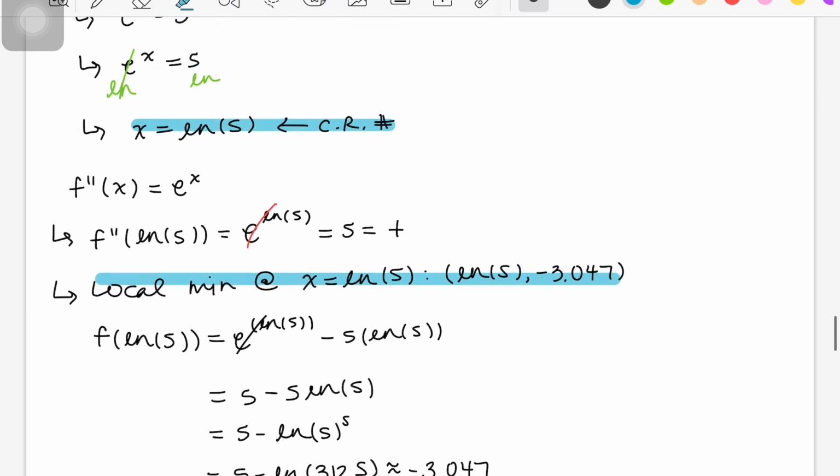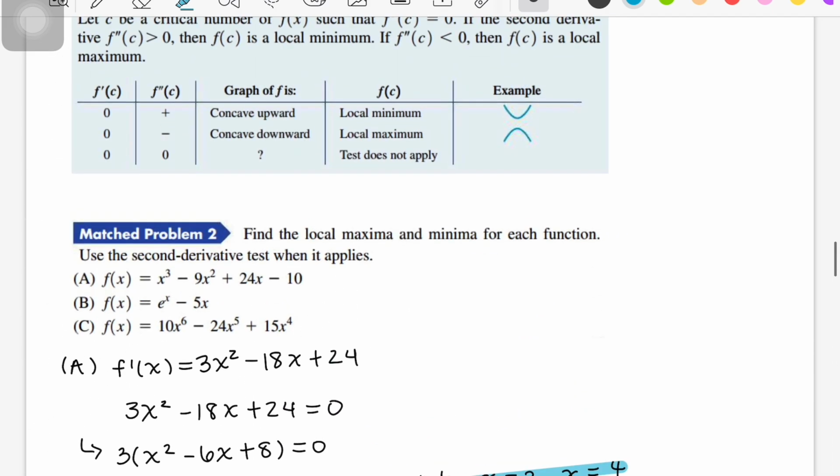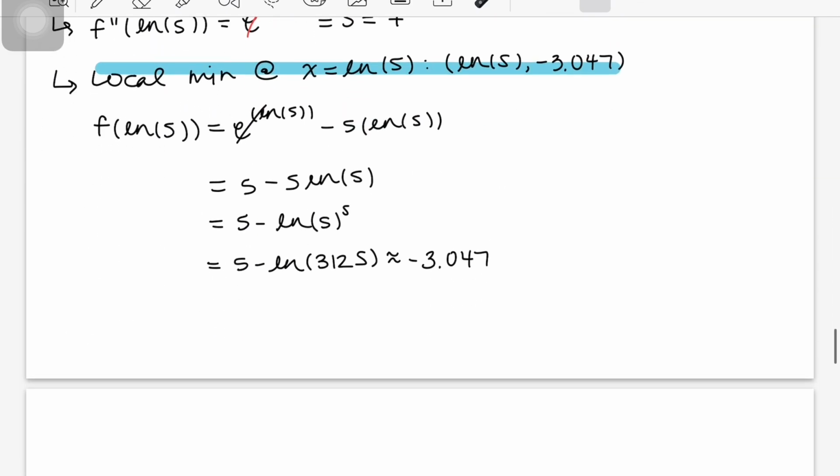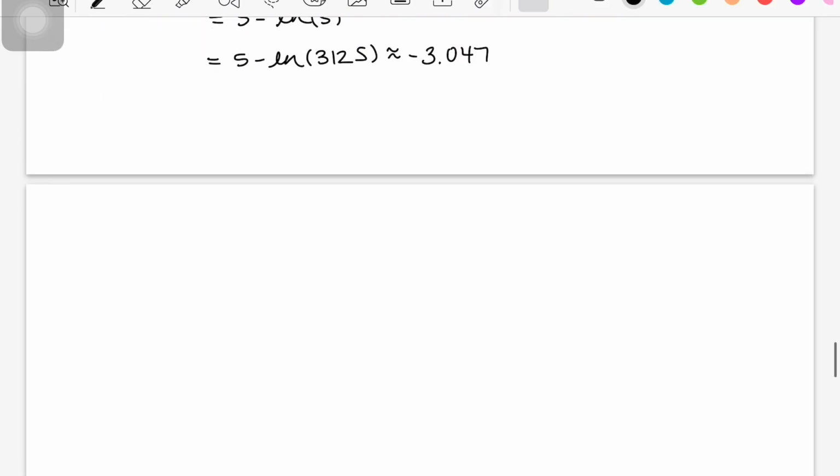All right, and the last example we're going to look at is this function here, part C. So again, first thing we're going to do is take the derivative. Using power rule, we'll get this.